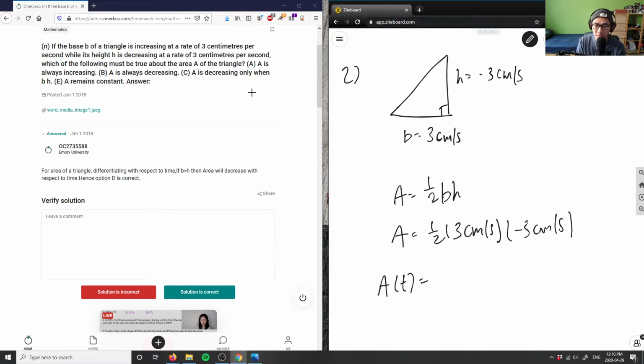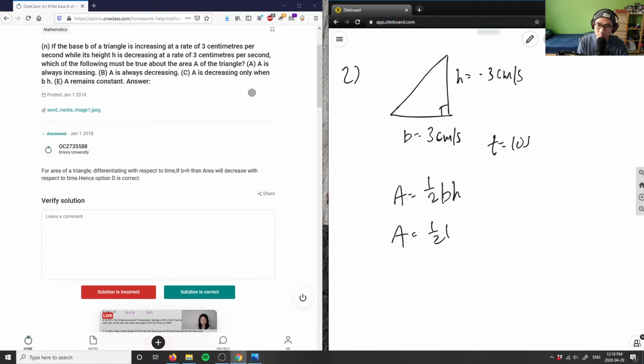A at t would equal, or I could keep the time constant here and maybe get rid of the t. So if I take a constant time, let's say 10 seconds, at t equals 10 seconds, what would my values be?